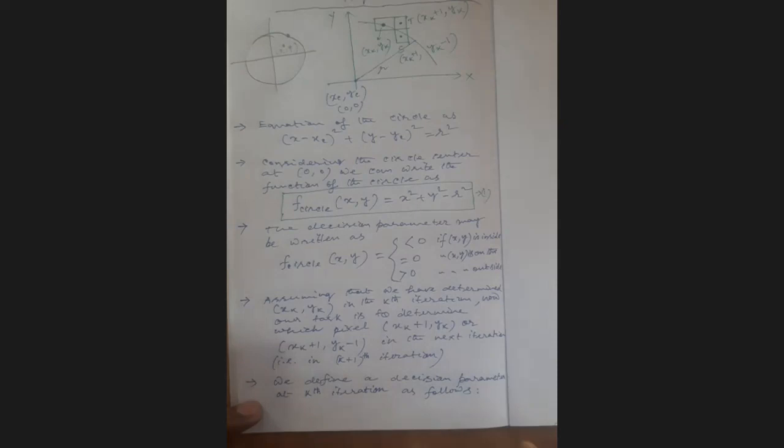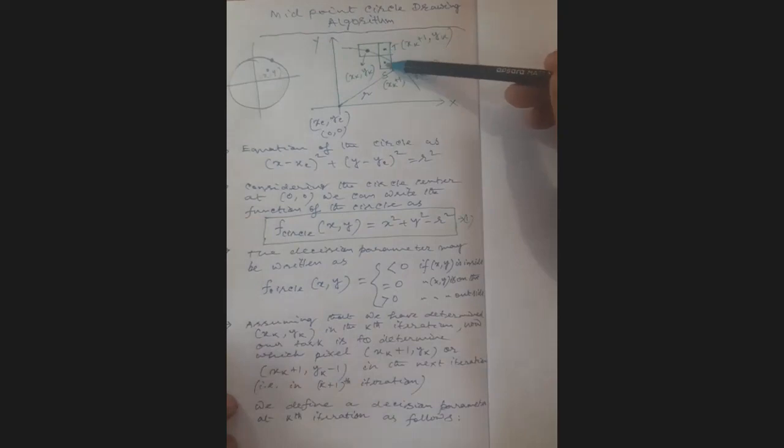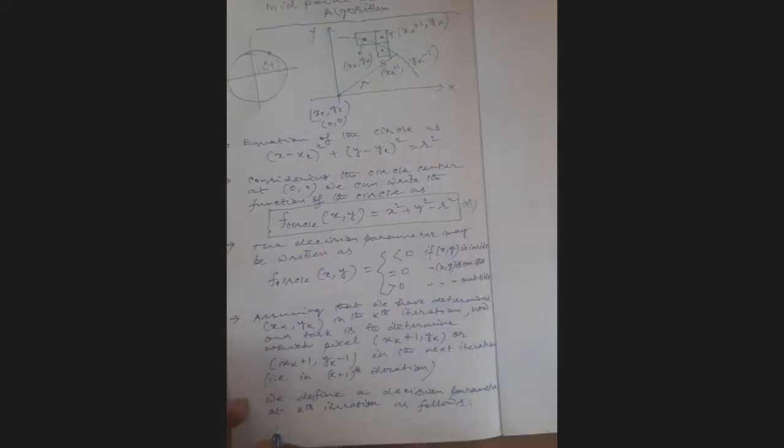We will compute the midpoint between this point T and point S. Here we are going to compute the midpoint between these two points T and S, and that midpoint value we will put in this equation 1.